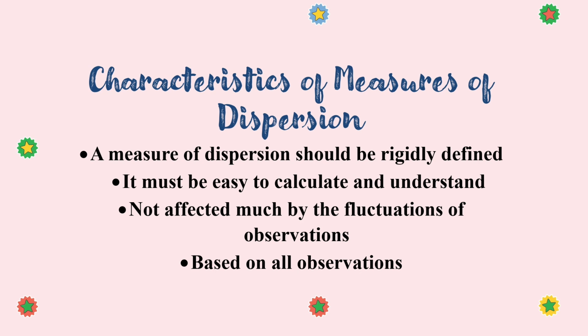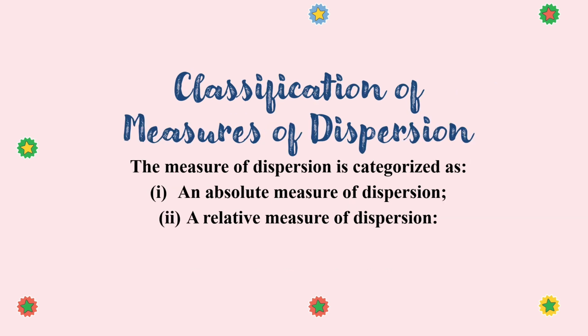So apart from the characteristics of measures of dispersion, we also have the classification of measures of dispersion. The measure of dispersion is categorized first as an absolute measure of dispersion. Here, the measures express the scattering of observation in terms of distances, for example, the range and the quartile deviation.